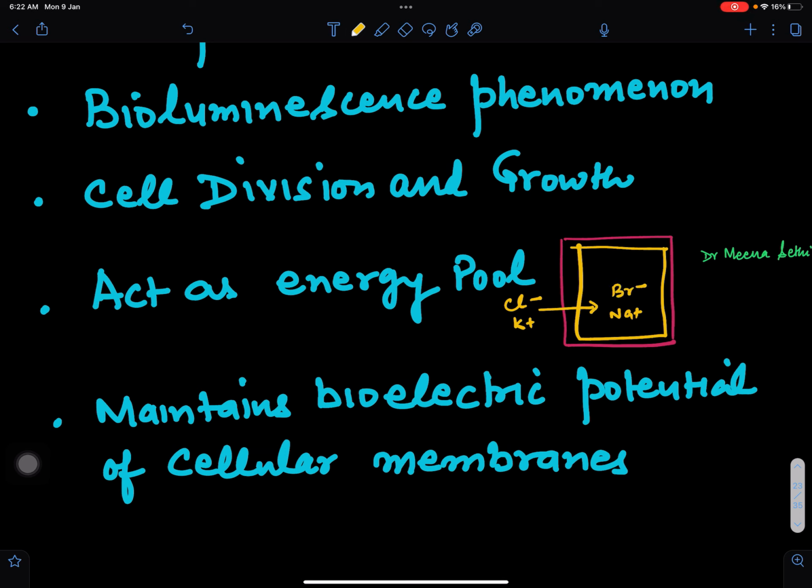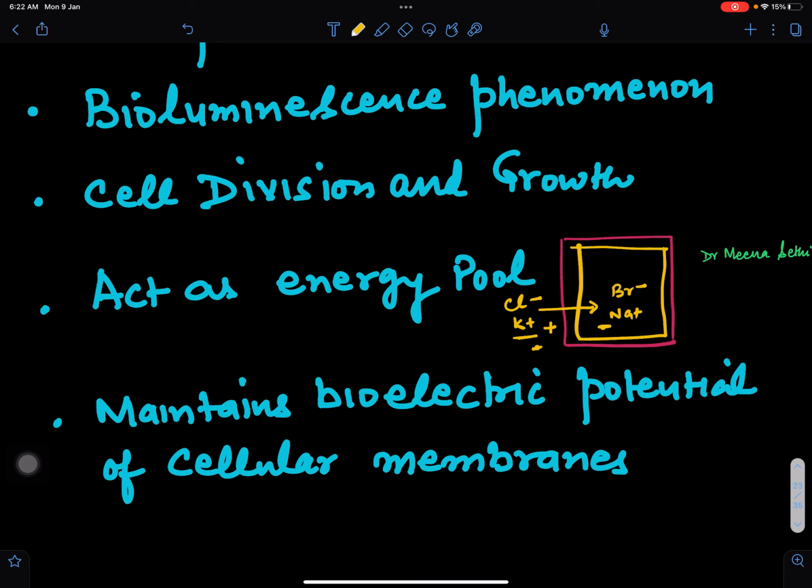We can take an example. If more positive charge is present on the outer side, this will be positive, and if more negative is present toward the inner side, this will be negative. So positive and negative charges help in maintaining an electric potential.